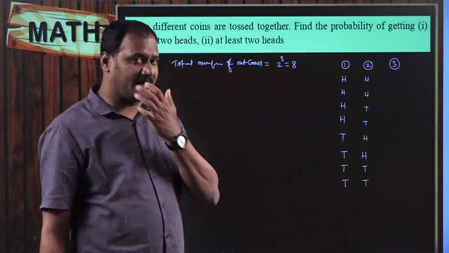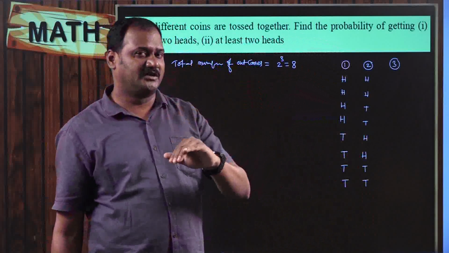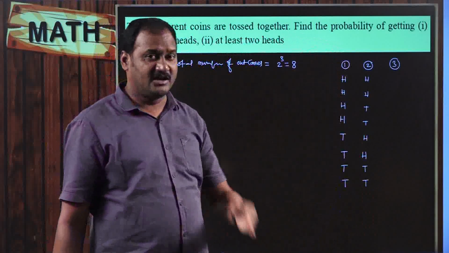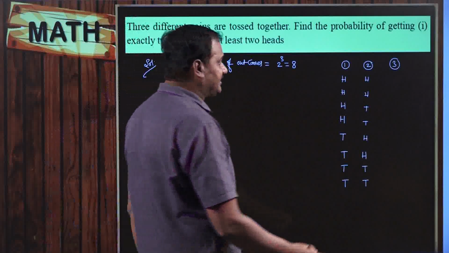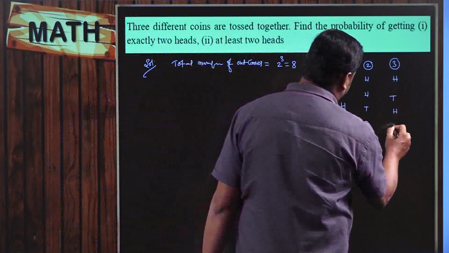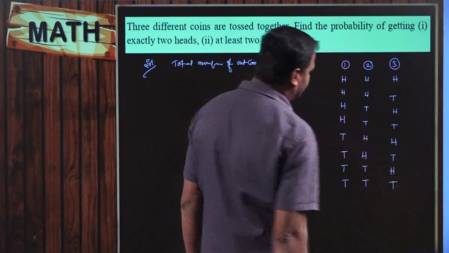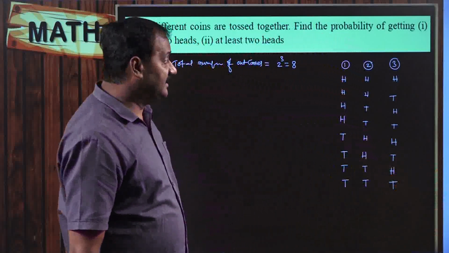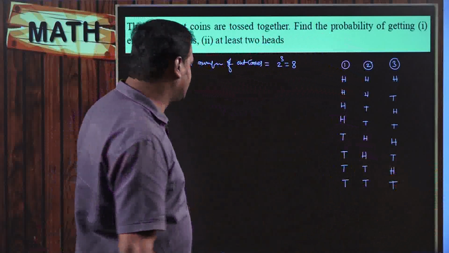And for the third coin, half of that previous half, half of 2 is equal to 1. Means what? Alternate heads and tails. So heads, tails, heads, tails, heads, tails, heads, tails. So this way we can easily list out all the possible outcomes.